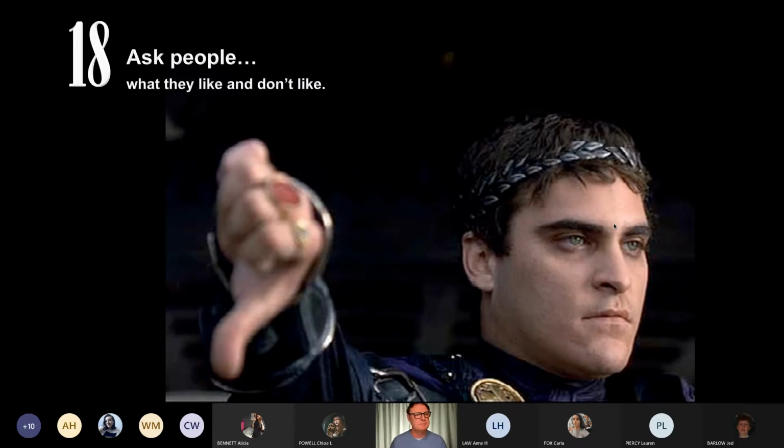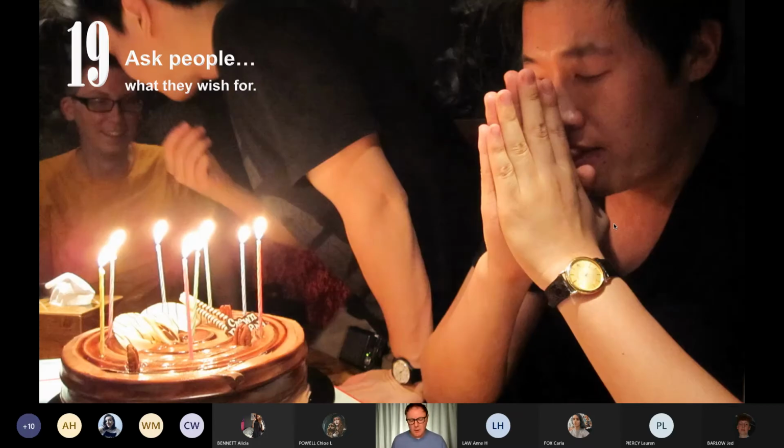Tip number 19. What do people wish for? Especially as a client, they know what they want, but what do they wish for? Which might not always be the same thing. They might think that they know what they want, but as a graphic designer, one of your most important skills is to always ask the right question.